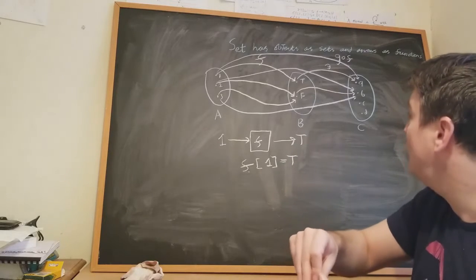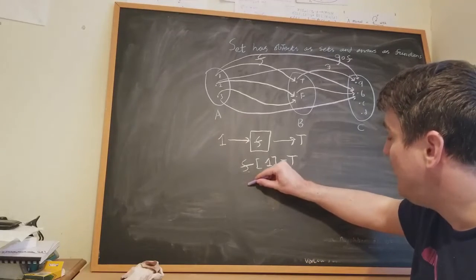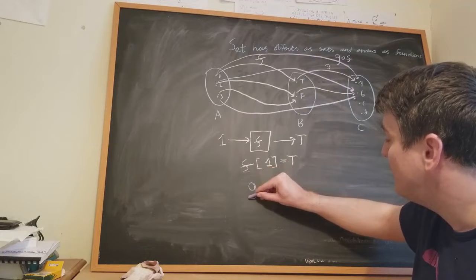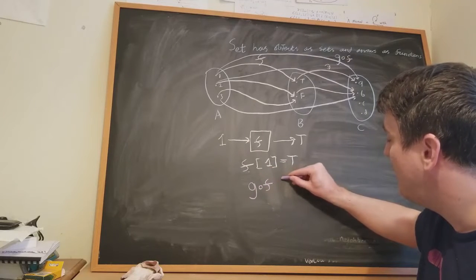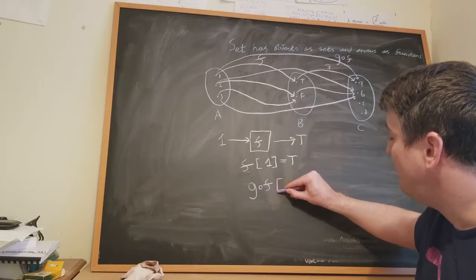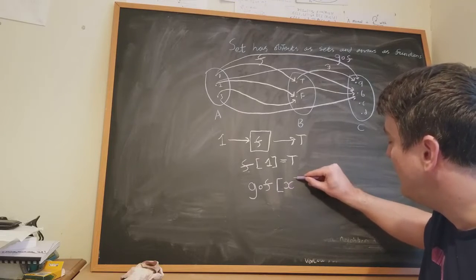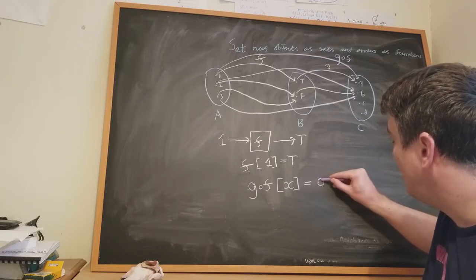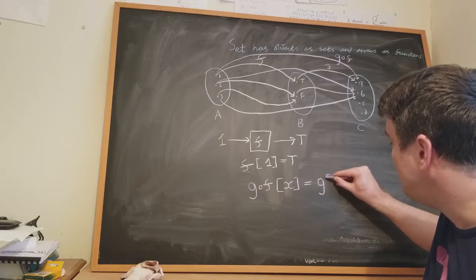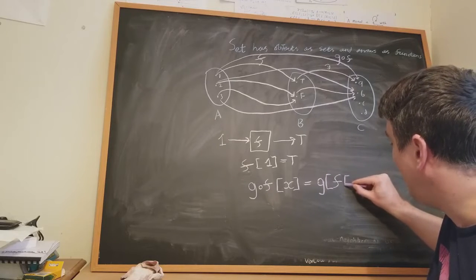And how about the composition? How do we define that? Well, we'd say that g after f is a function, and if it's operating on an element x, what we get is what we get if we apply g to what we get if we apply f to x.